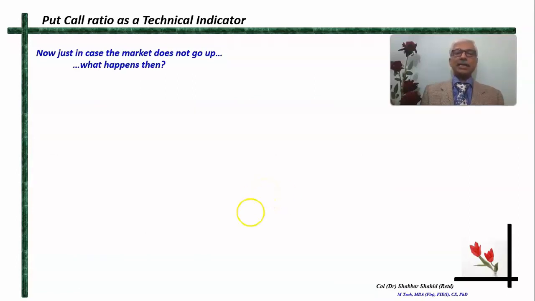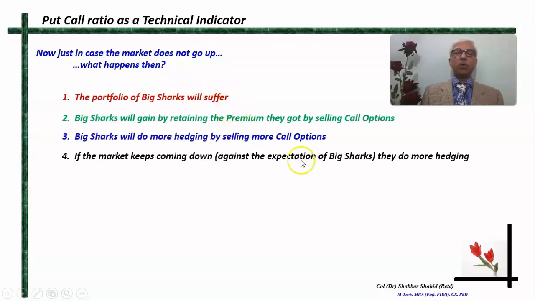Alright. Now what? Now just in case the market does not go up. Of course, everybody is thinking that the market will go up, but the market is not duty bound to obey us. Just in case it does not go up, then what happens? Then four things will happen. Number one, the portfolio of the big sharks will suffer. Remember, the big sharks have actually hedged their portfolio.